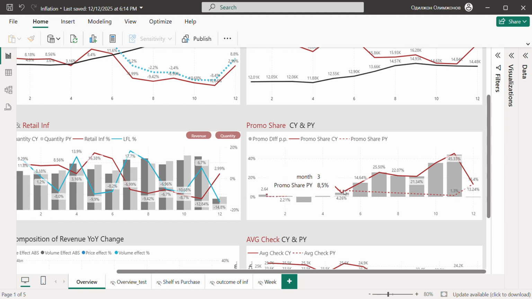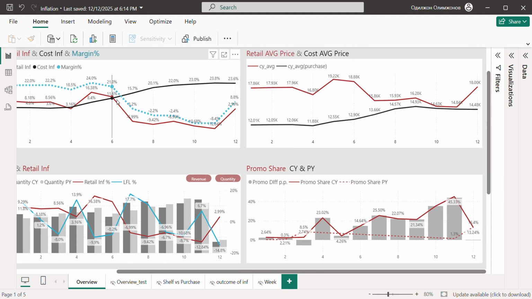So you can see that in previous year the promo share was quite small, around 2%, and we can see that actually promo share increased starting from 5 months from 4% to 25%, right?